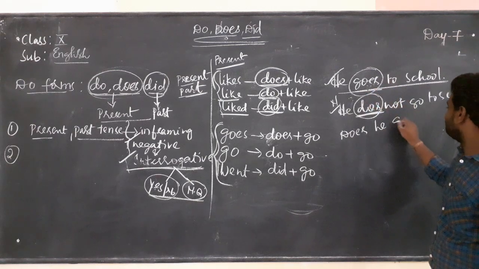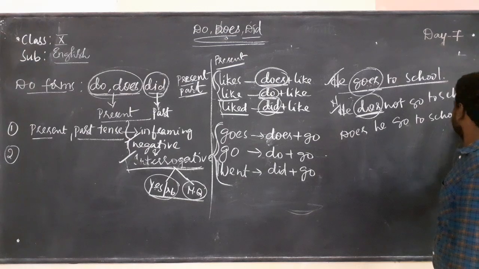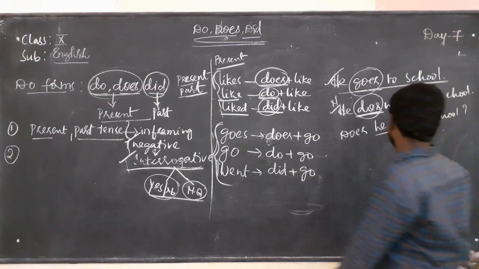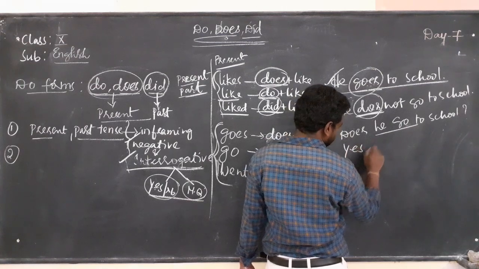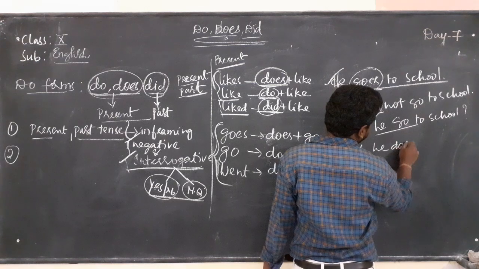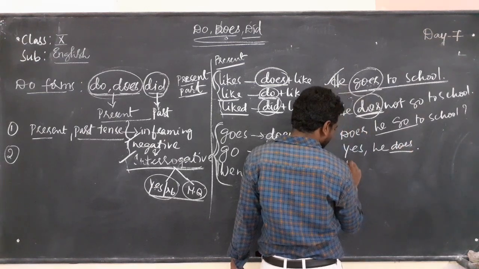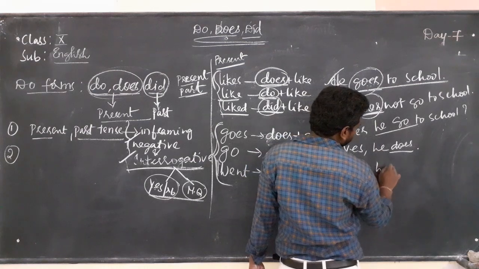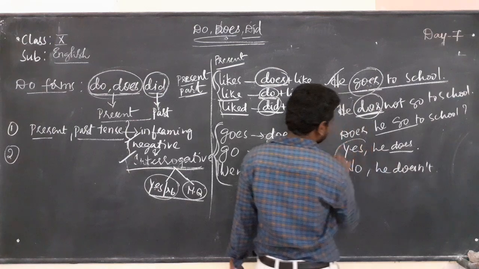So does he go to school? Question mark. So what will be the answer? Maybe you can say yes. You can write he goes to school or yes he does. You can write both. Yes he does. Or no, he doesn't. So you can answer like this.